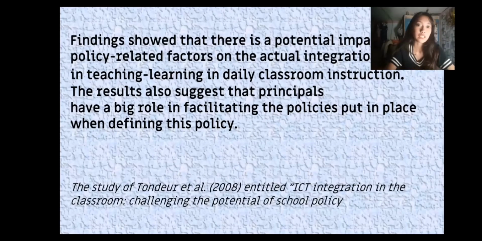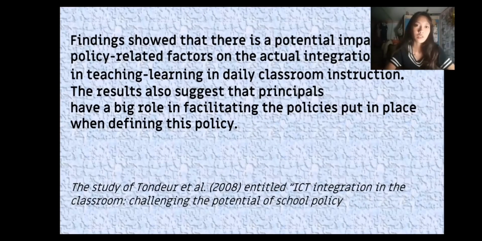According to the study of Tondeur et al., 2008, entitled ICT Integration in the Classroom: Challenging the Potential of the School Policy, it showed that there is potential impact of policy-related factors on the actual integration in teaching and learning, in daily classroom instruction.